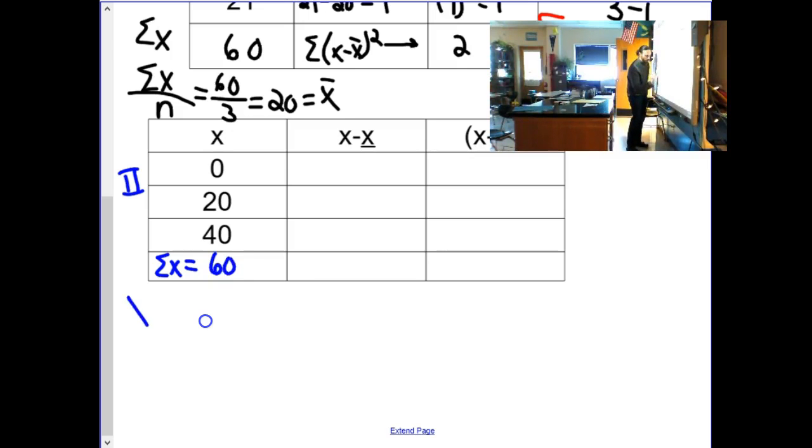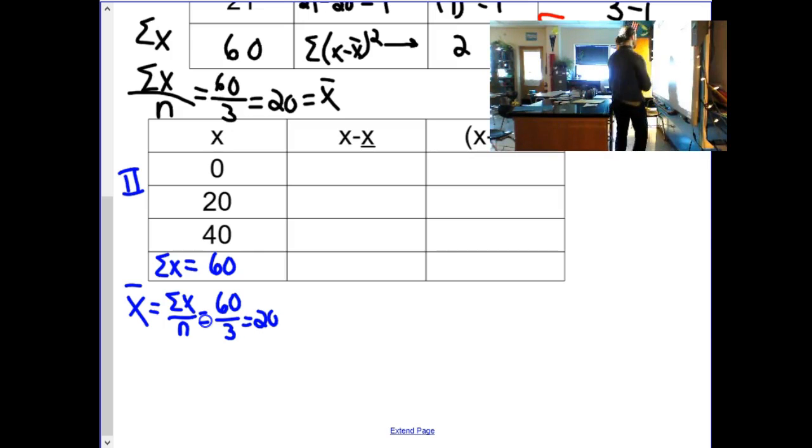The x bar equals the sum of x over n. So that's 60 over 3, and of course that's 20. So wait a minute. I get it. Well, we already knew that. I already knew I had the same mean.